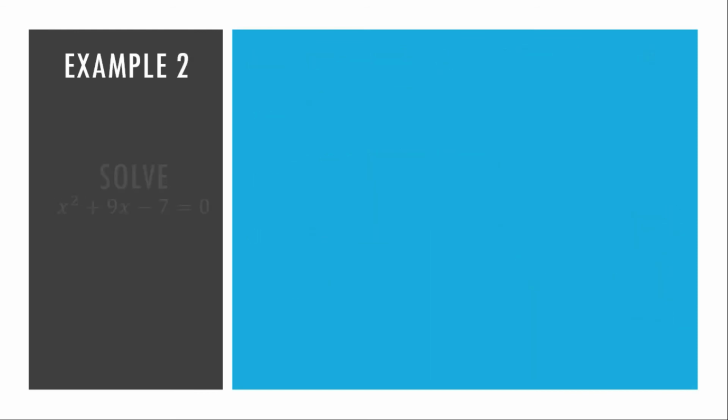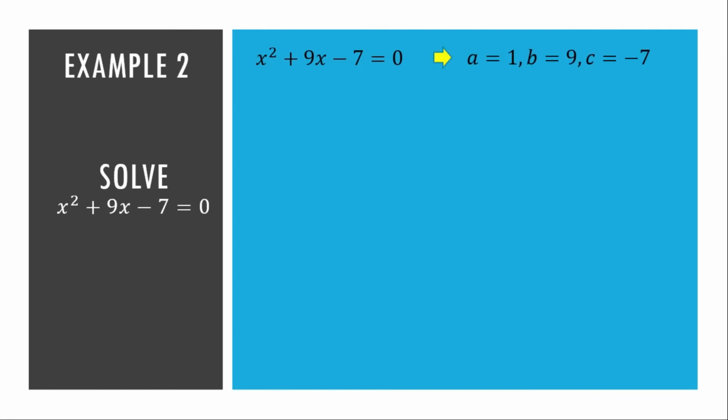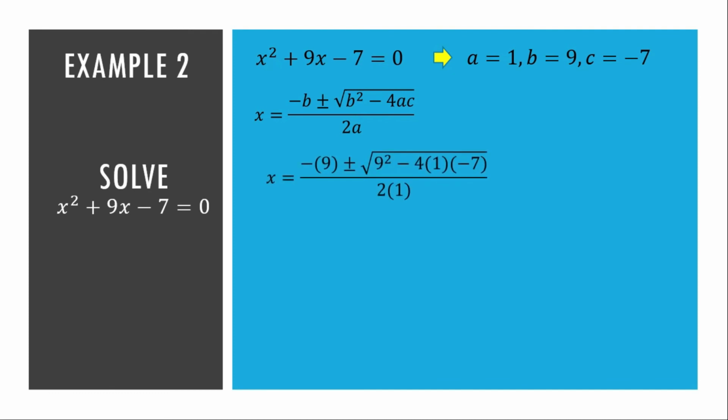Okay, for example number 2. Solve x squared plus 9x minus 7 is equal to 0. So, it is written naman as standard form. So, pwede natin makuha si a, b, and c, which are 1, 9, and negative 7. So, gamit yung ating quadratic formula, substitute lang. Tapos, simplify.